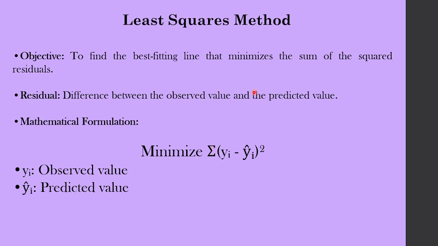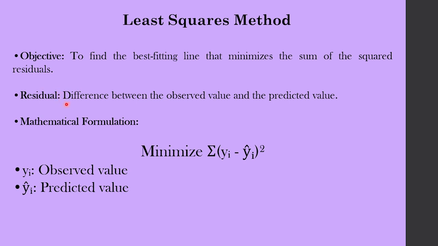For fitting a straight line, or any mathematical or statistical model, to the observed data, what we are going to use is called the least squares method. The objective of the least squares method is to find the best fitting curve or line that minimizes the sum of the squared residuals or errors.